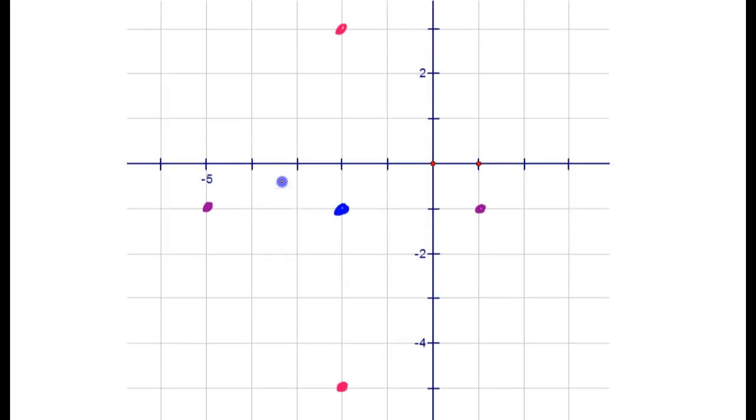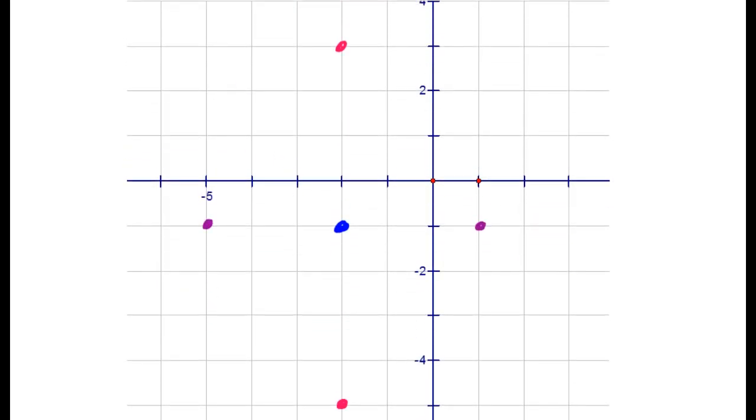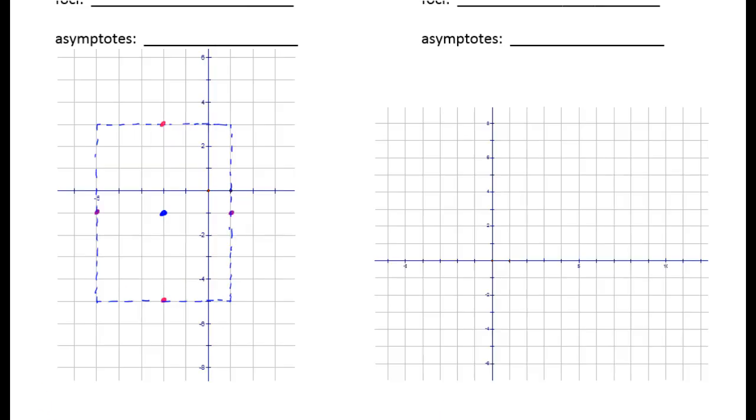Okay. As soon as I have my vertices and my co-vertices, I actually like to go ahead and draw the rectangle that contains the vertices and the co-vertices. This rectangle shows us where the asymptotes go, because the asymptotes of the hyperbola will pass through the diagonals of this rectangle. So this rectangle has diagonals that go through here.